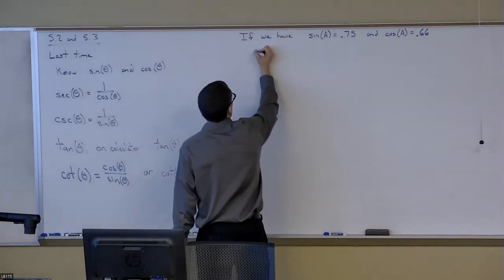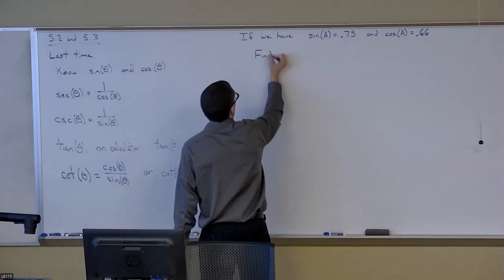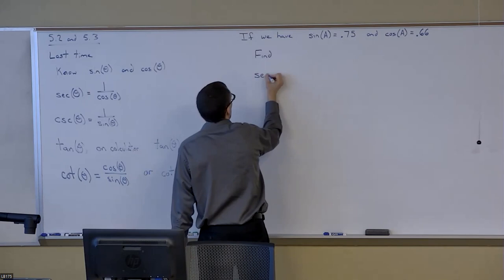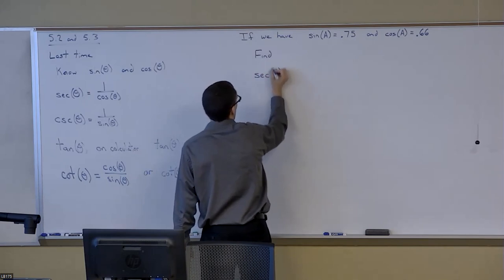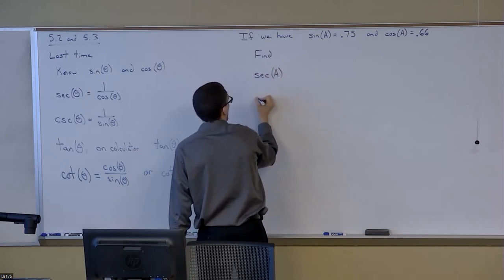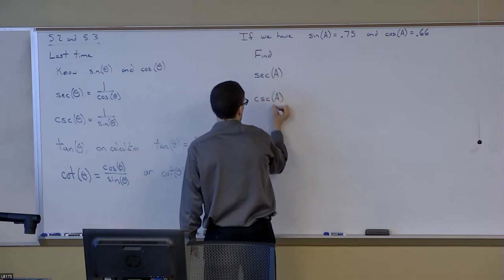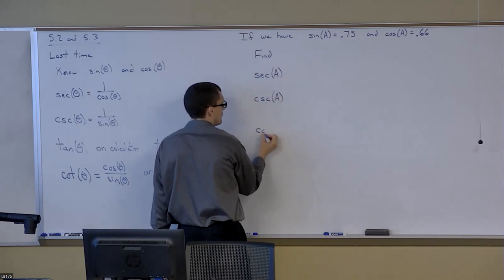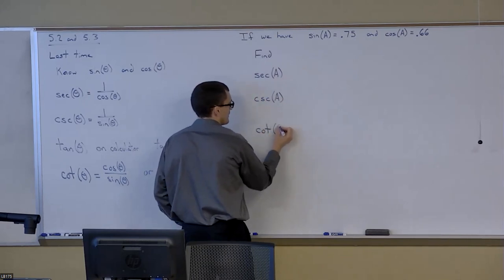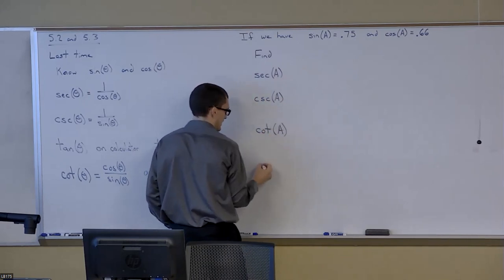Let's find secant of that angle. And let's find cosecant of that angle. And let's find cotangent of that angle. And let's find tangent of that angle.